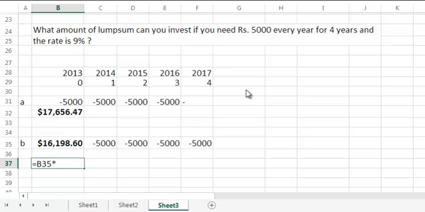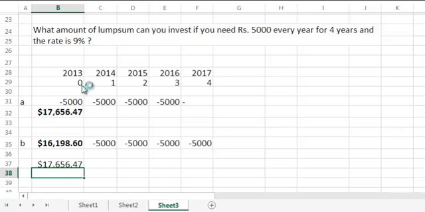So equal to B35 into 109%, you get 17,656. So in short, if you withdraw earlier, you would need a higher present value. If you have more time before you withdraw, you would need a lower present value.